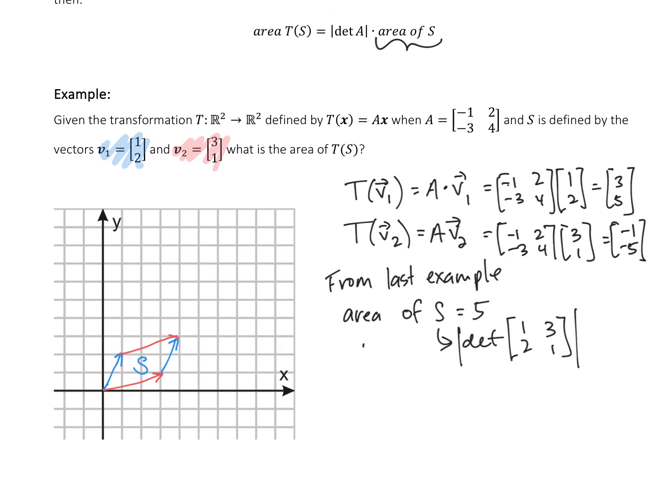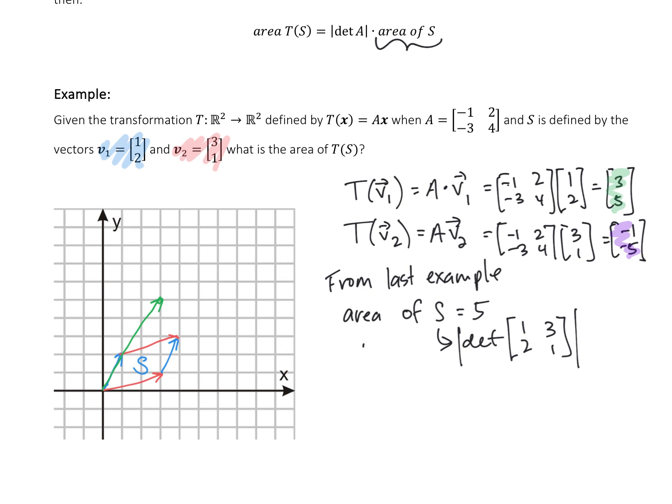So I'm going to plot what this new parallelogram looks like, just to show you that we actually get another area here. So 3, 5. We'll let this guy be green. There's my green guy. And then we'll let this guy, -1, -5, be our purple.